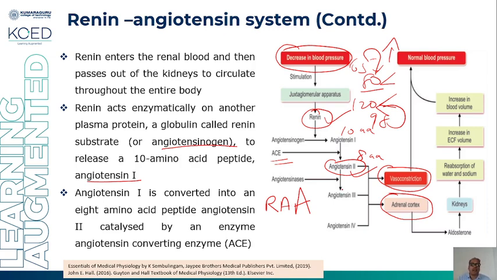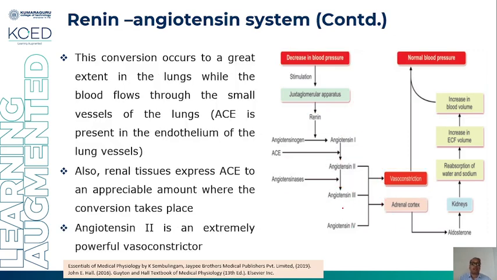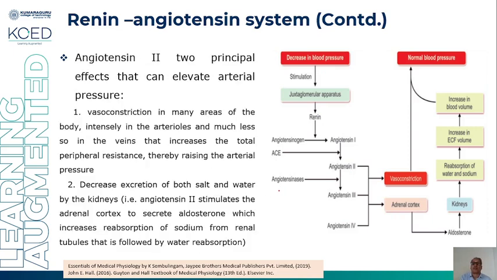You can see angiotensin 3, right? Here you can see. So two things. One is vasoconstriction, and second, angiotensin 2 stimulates the adrenal cortex along with angiotensin 3. So angiotensin 2 is having two roles.